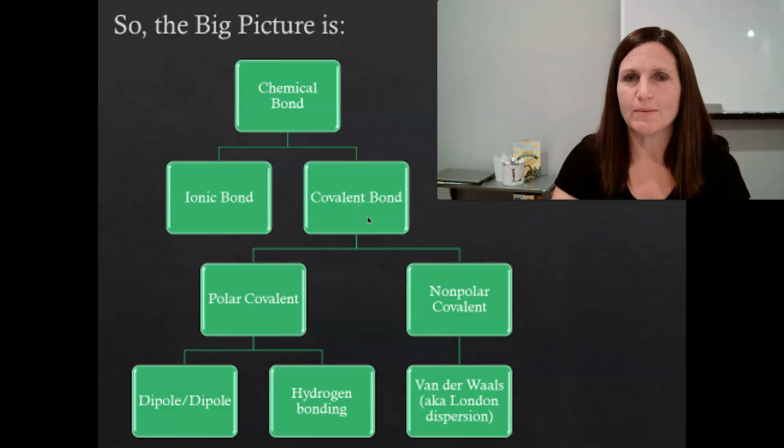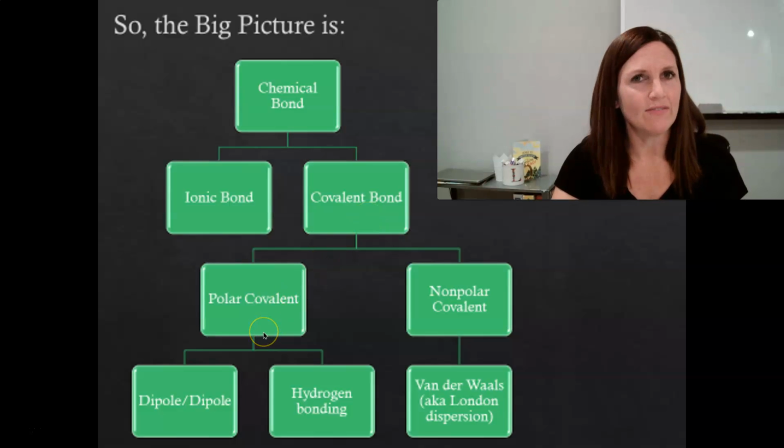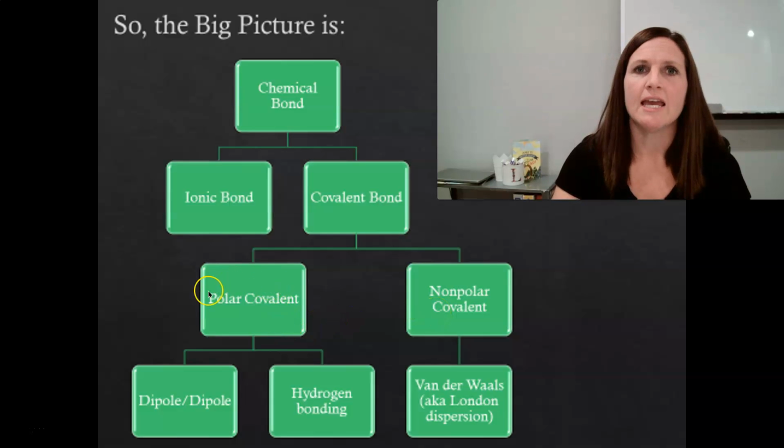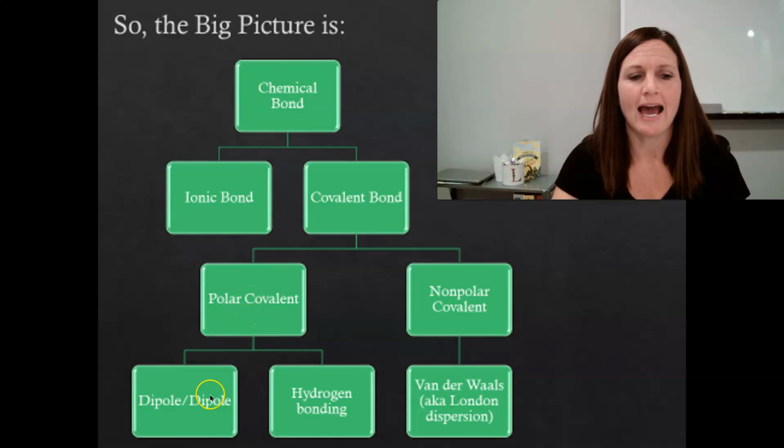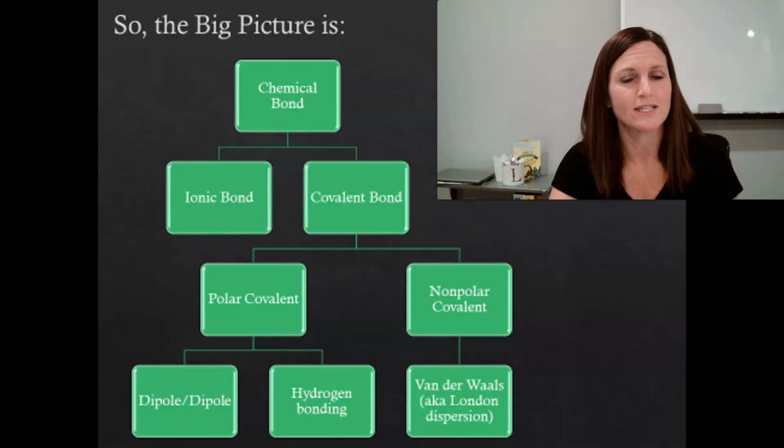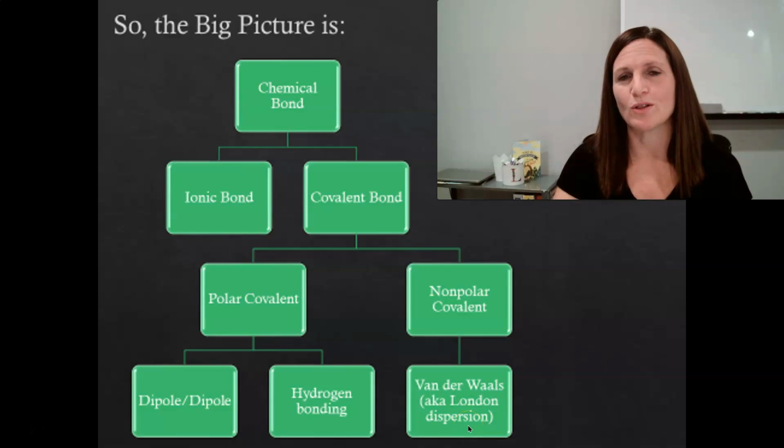We've also talked about covalent bonds, which can evenly share electrons in a non-polar covalent bond, or they can have an uneven share in a polar covalent bond. Polar covalent bonds then go on to have dipole-dipole and hydrogen bonding as their intermolecular forces, whereas nonpolar bonds go on to have van der Waals or London dispersion interactions.